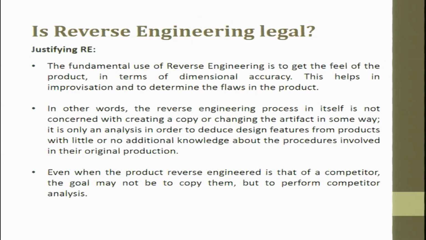It is only an analysis in order to deduce design features from the products with little or no additional knowledge about the procedure involved in their original production. Even when the product reverse engineered is that of a competitor, the goal may not be to copy them, but to perform competitor analysis. So, this is what I was trying to insist again and again, and this point I have repeated. So, when you see legal and justification, this tries to fit in.